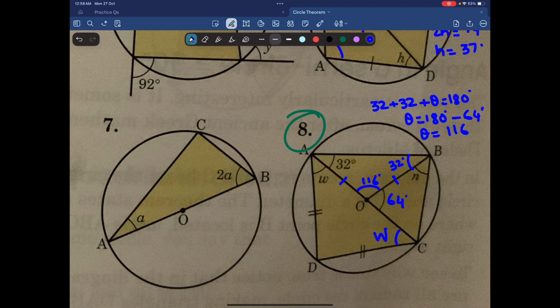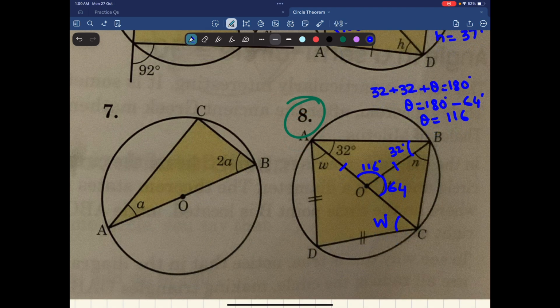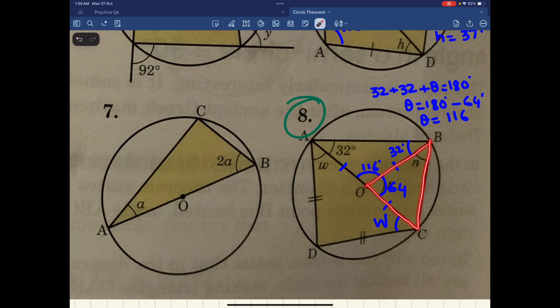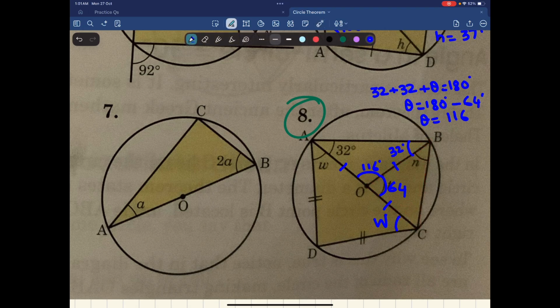Okay, now what are we left with? Please also note that OC is also a radius originating from the center to the circumference of the circle. So let's mark this, which means that triangle OBC is an isosceles triangle. So if this is N, this will also be N. Okay, let's use another color.